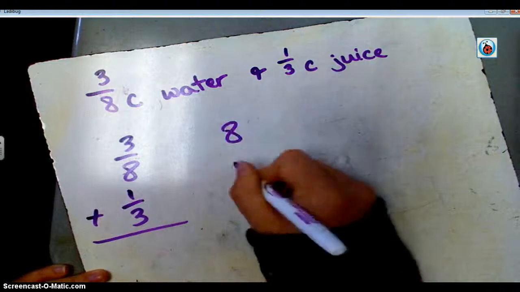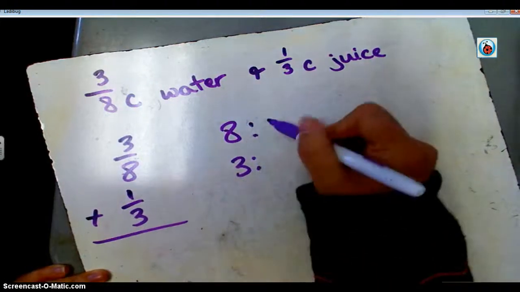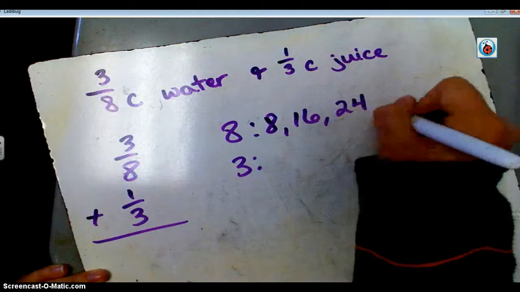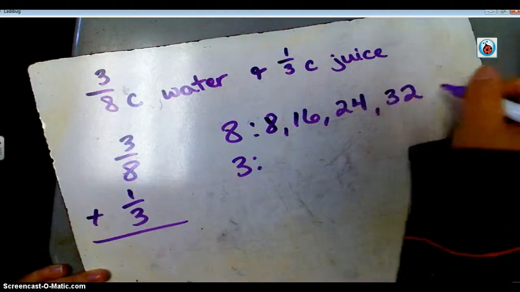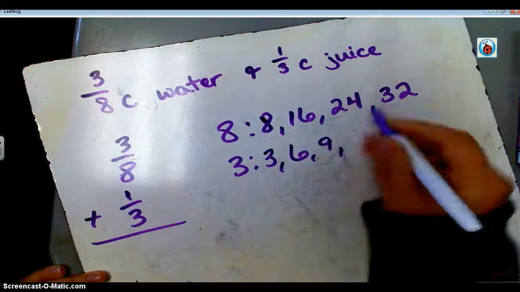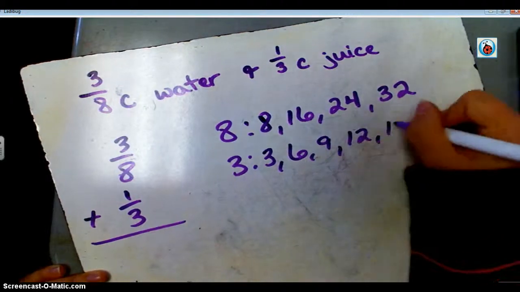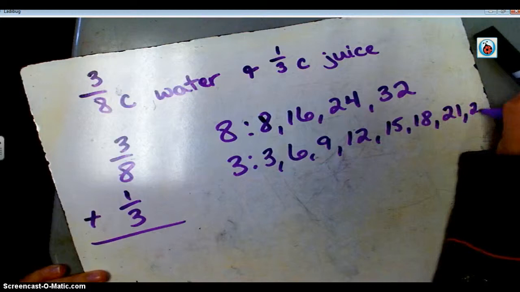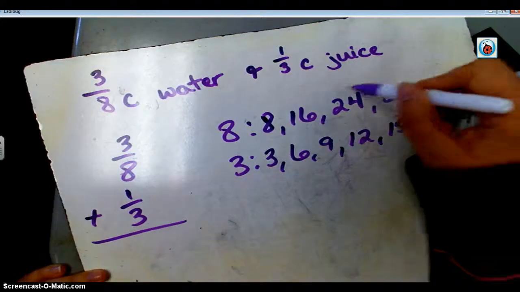Real quick, let's find the multiples of 8. 8, 16, 24. Stop. Okay, let's do 3. 24. Stop.